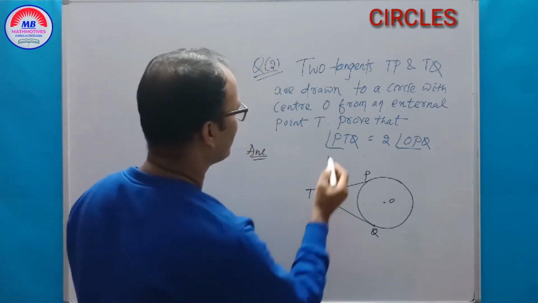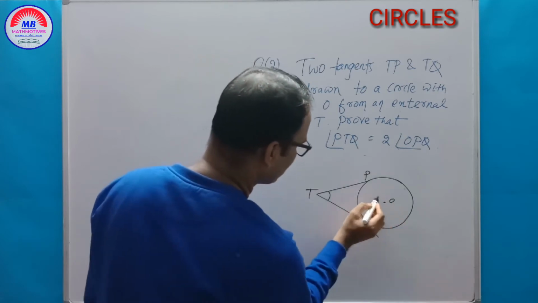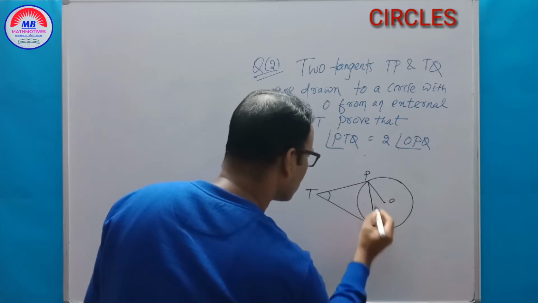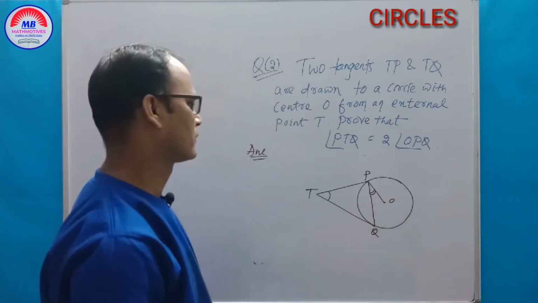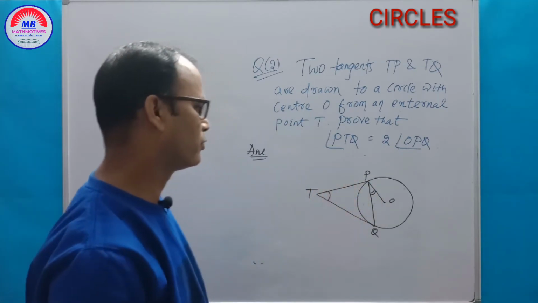What to prove? Angle PTQ is 2 times OPQ.